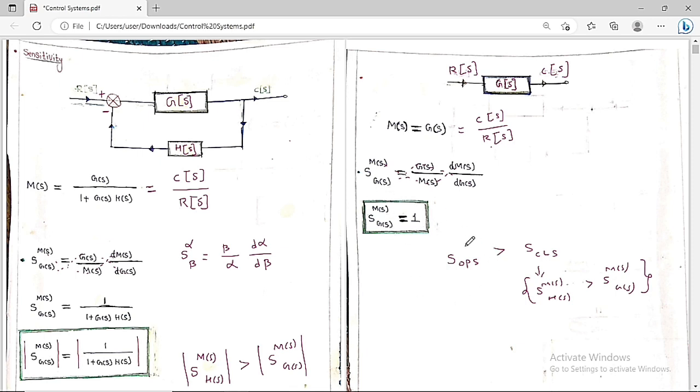The sensitivity of open loop system is always greater than the sensitivity of the closed loop system. In the closed loop system, the sensitivity of M of S with respect to H of S is always greater than the sensitivity of M of S with respect to G of S variation. So these points you always have to keep in mind.